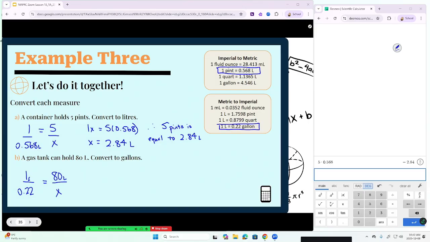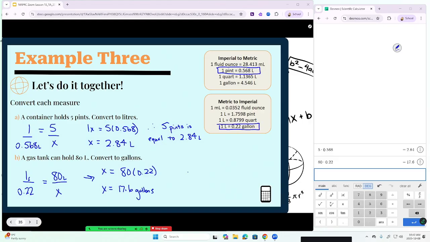We go from our 1 down to our x, which gives us 1x, or we can just say x. And then we cross multiply 80 times 0.22. And we can just type that into the calculator, 80 times 0.22. We get x equals 17.6 gallons.